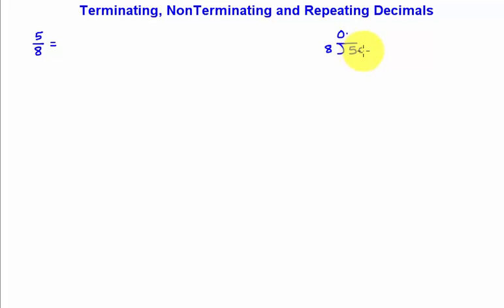Then 8 6s are 48, 8 2s are 16, then 8 5s are 40. Now at this stage the remainder is 0, hence we got a terminating representation of 5 by 8. So this is a case of terminating decimal representation.